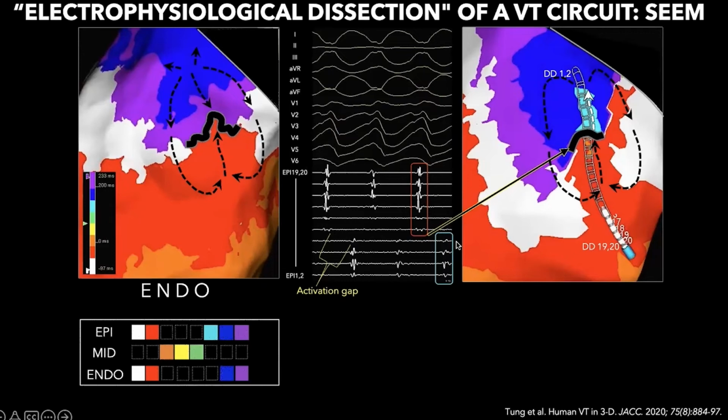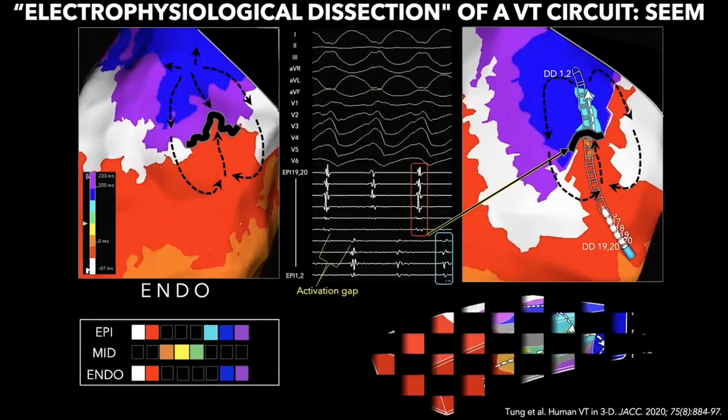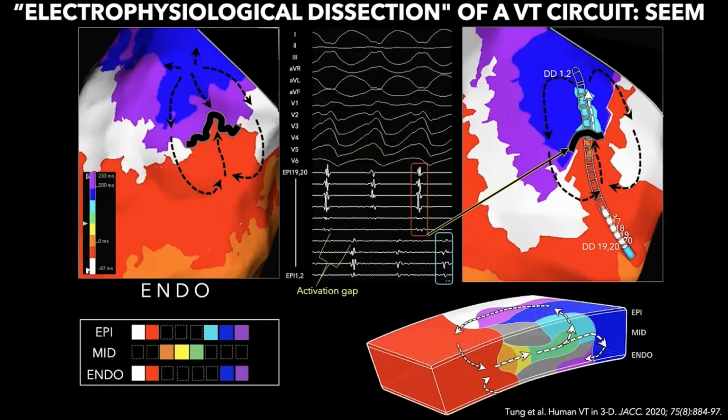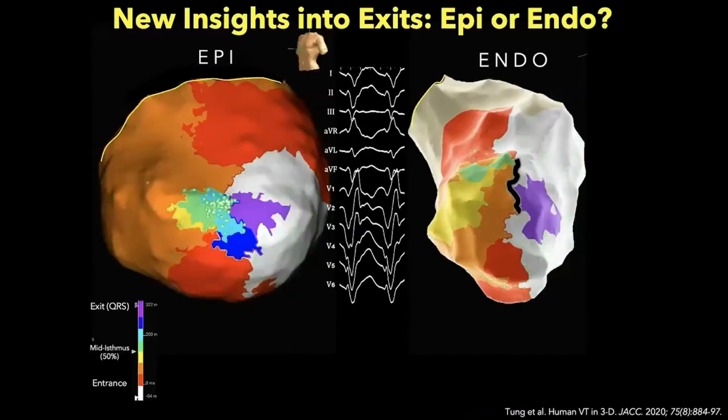When you take all the colors that might be missing on the epicardium and the endocardium and you plot the ones that are present, then you can make a logical inference of what's mid-myocardial. And this would be a very good example of dissecting the circuit with high density and being able to ascertain that this is likely a mid-myocardial circuit because we're missing the isthmus activation and the isthmus components during VT.